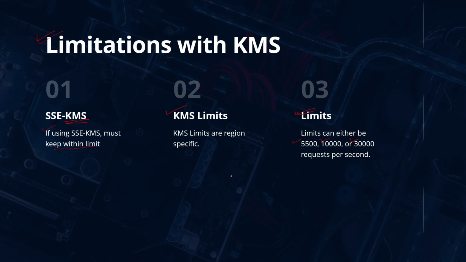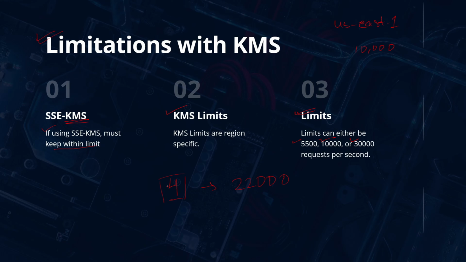So now let's take an example. I told you in the previous example, the more prefixes you have, the better performance you get. So now let's say we have four prefixes, which basically means we can achieve a speed of 22,000 GET requests per second. Now let's say we have deployed our object in US East 1, and US East 1 has a limit of 10,000 calls to SSE-KMS per second.